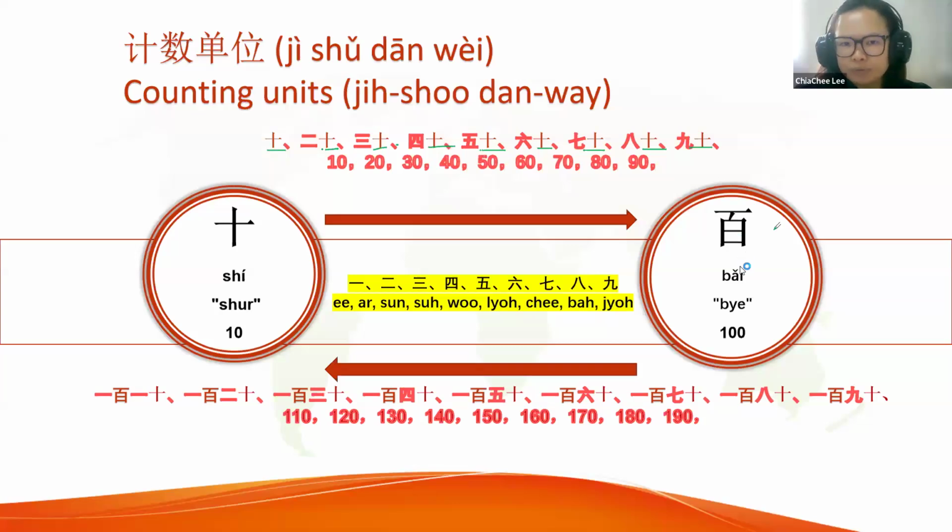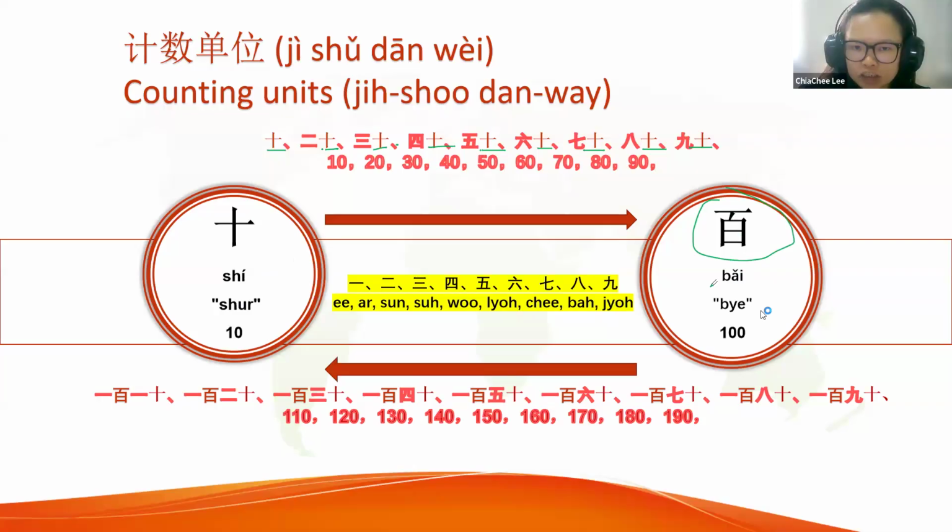Then we go to the 100 place. Compared with the 10 place, which is 2 digits, this is 3 digits, but in Mandarin it's called 百.